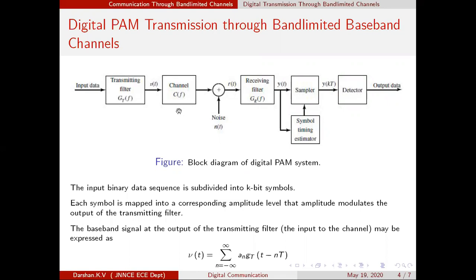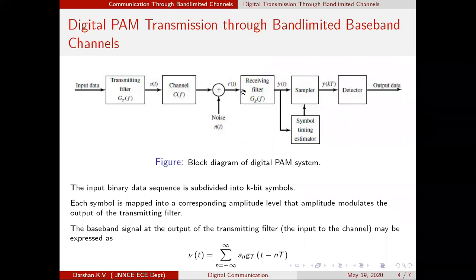Because it is a filter, it should have an impulse response or transfer function or frequency response, that is given by C of f, or correspondingly in time domain it is C of t. So along with the noise, the channel output would be the received signal.